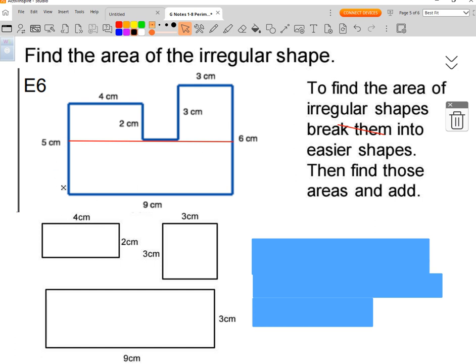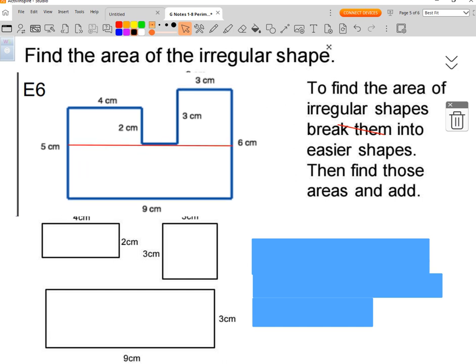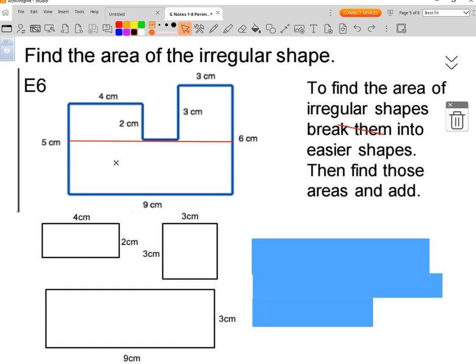How do we know the height of this rectangle? Don't blurt out. How do we know the height of this rectangle? What do you think? Any idea, Taylor? How can we find the height of this rectangle? So we know from here to here is 5 centimeters. It happens to be half, but we can't just go, it looks like half, right?